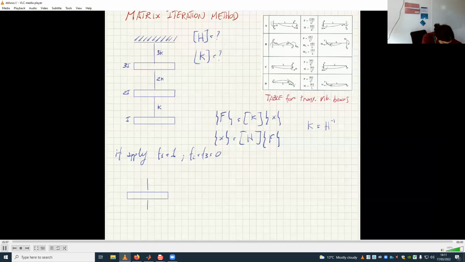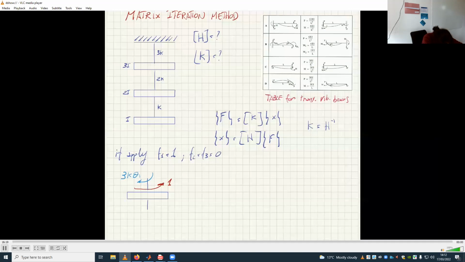So if I apply a torque of 1 in this direction, then this will respond with 3k θ1.